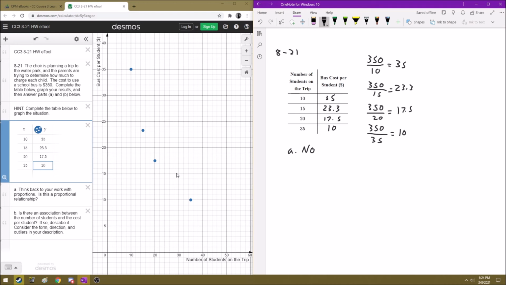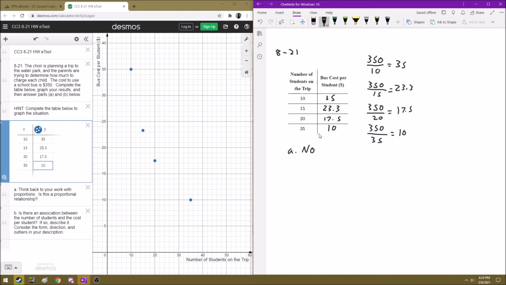It doesn't look like we're going to have any outliers, but it does look like this relationship decreases. As the number of students increases, so we go 10, 15, 20, 35, the cost per student decreases. We start at $35 and get down to just $10 once we have 35 students.